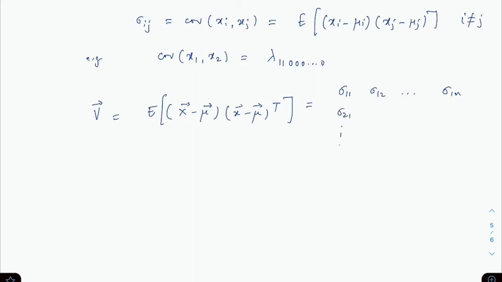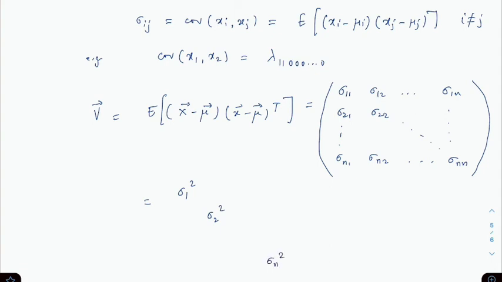This column goes all the way down to sigma n 1. So in this way the entire matrix can be populated. Now the diagonal entries are nothing but the variances of the individual random variables. Off diagonal entries can be expressed in terms of the product of the correlation coefficient and the standard deviations of the random variables involved.